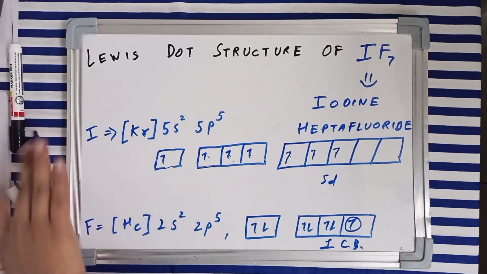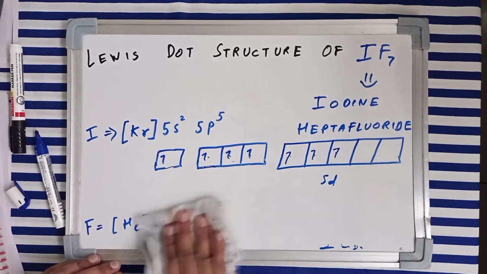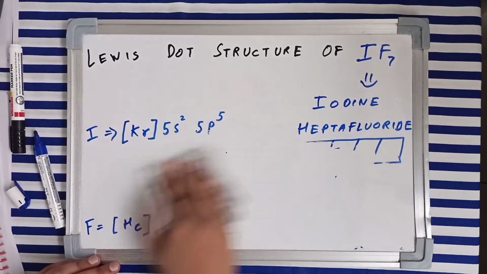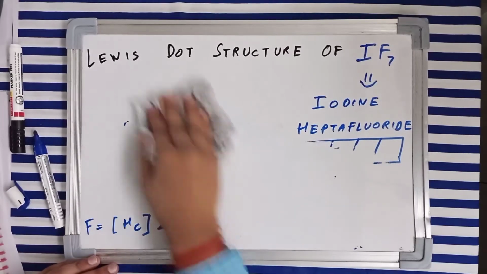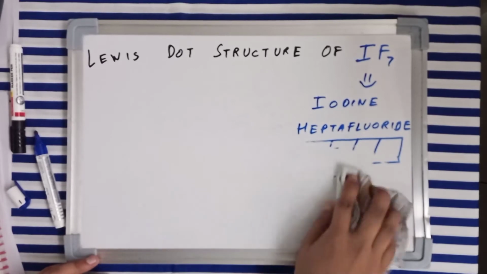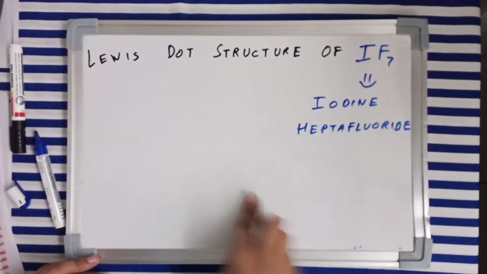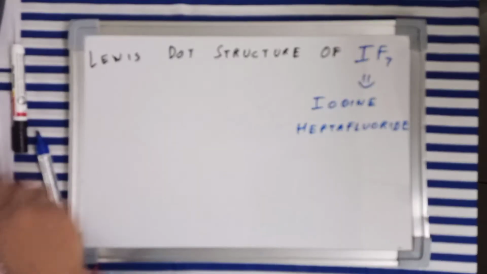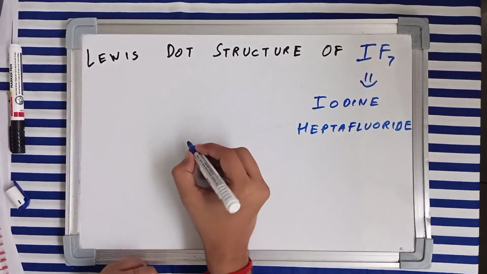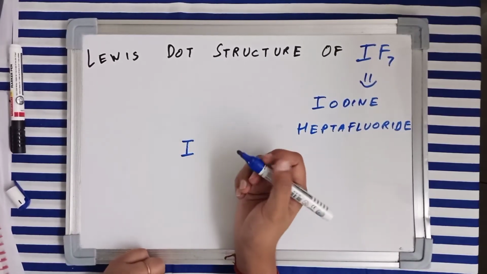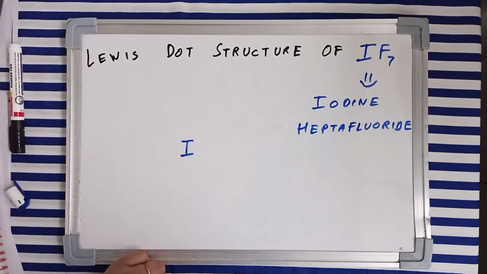Now let's deep dive into the structural part. As you have understood as to why iodine can make 7 bonds, it can make so by expanding its octet, right? Or simply you can say excitation. So iodine has got 7 valence electrons and it can make 7 covalent bonds by excitation, right?